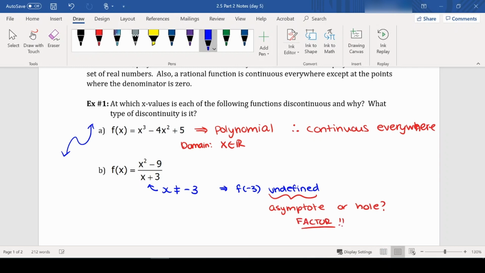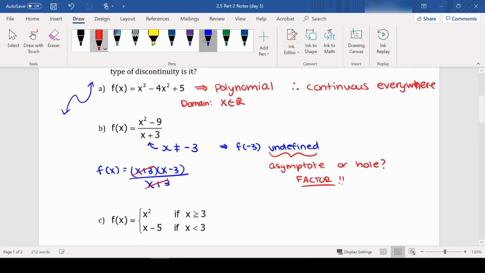Okay. So if I factor this, I get f of x equals x plus 3, x minus 3 over x plus 3. The x plus 3 and x plus 3 cancel out, leaving us with f of x equals x minus 3, which means we have a hole at x equals -3, and that would be discontinuity.